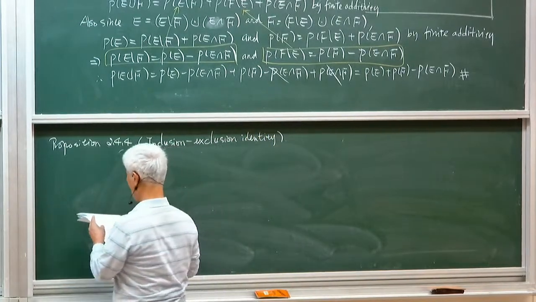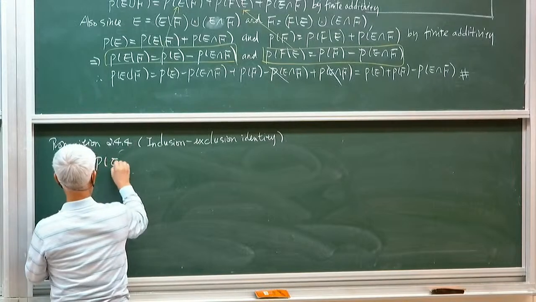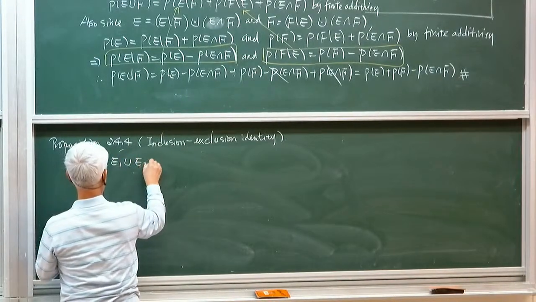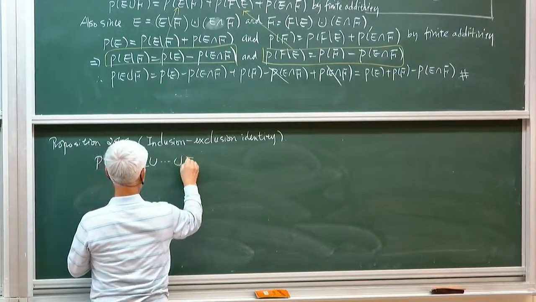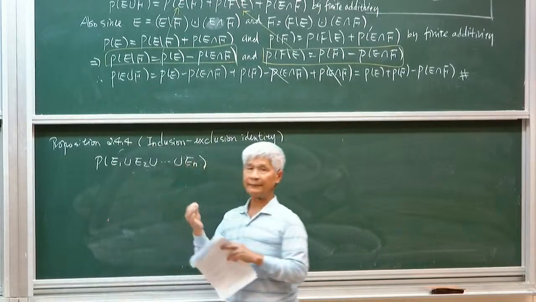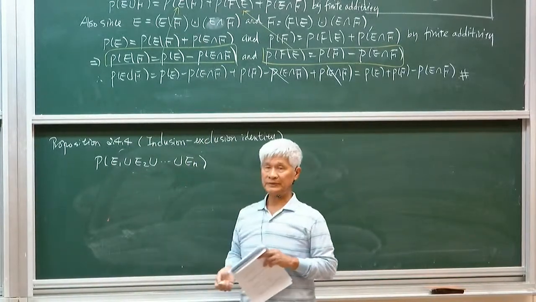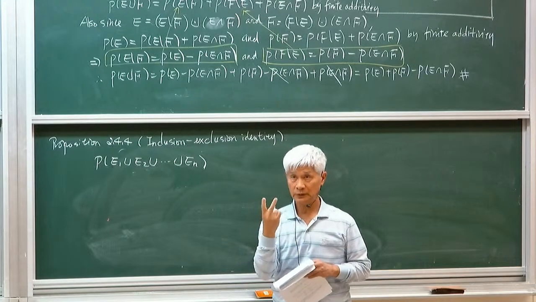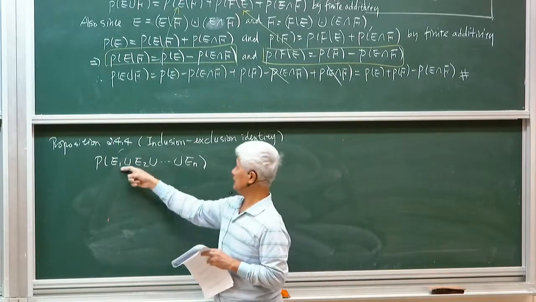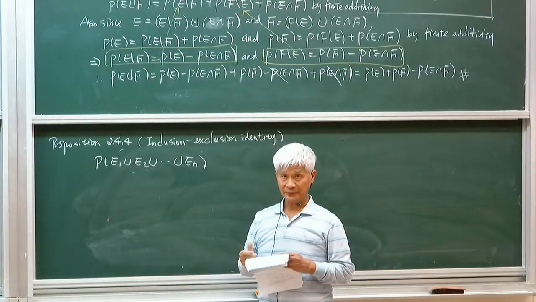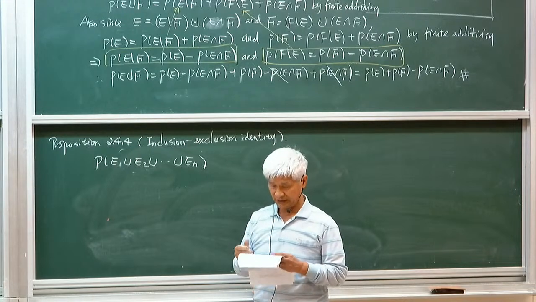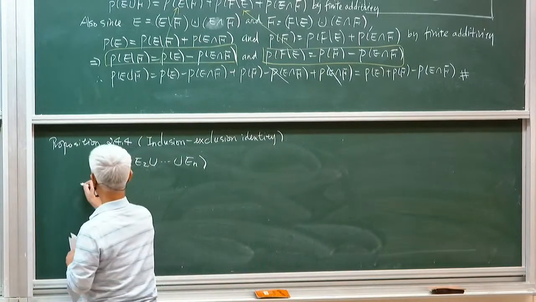Okay, this is quite useful. It gives you the probability of the union of a finite number of events. The previous proposition was about the union of two events, but here we deal with a finite number of events. This is the general case.